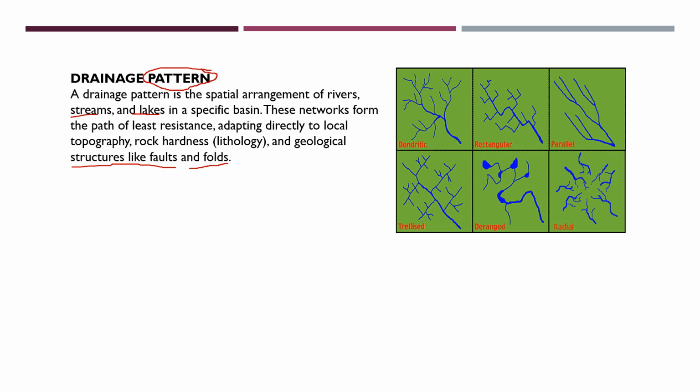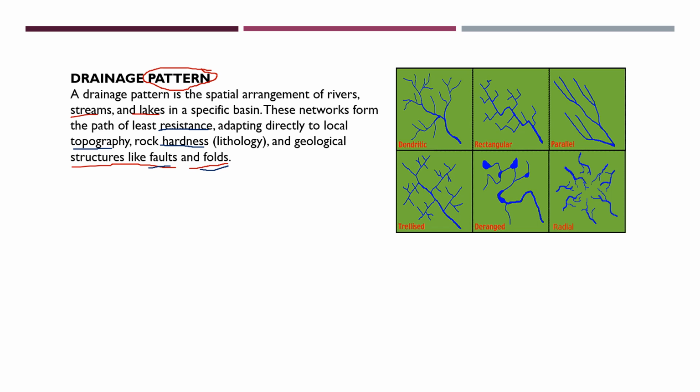Here a few elements actually decide the drainage pattern. What are those? I am marking them here again. Fault, fold, hardness, and topography, and also the resistance power of rock.